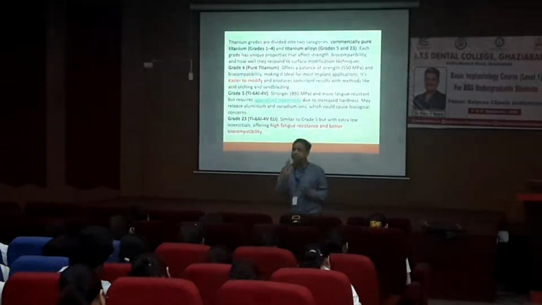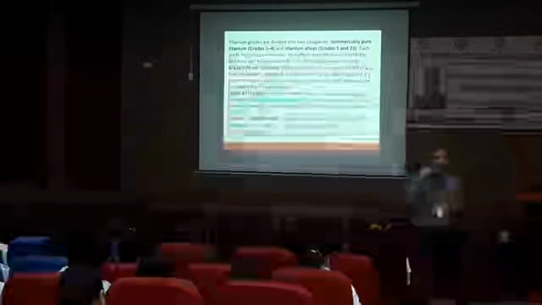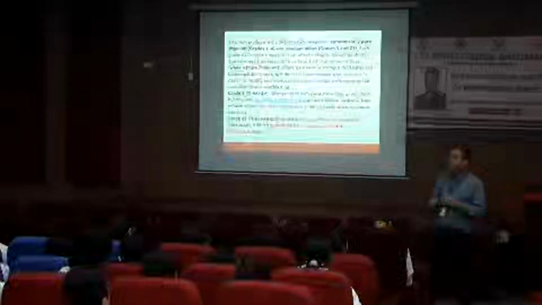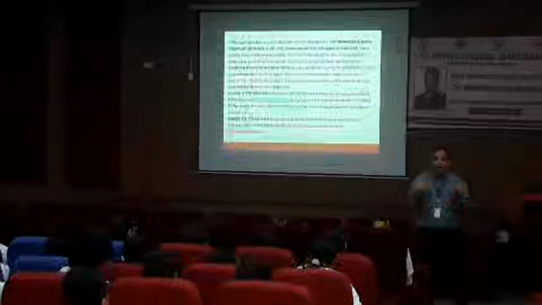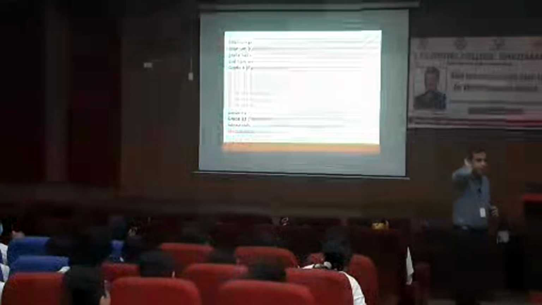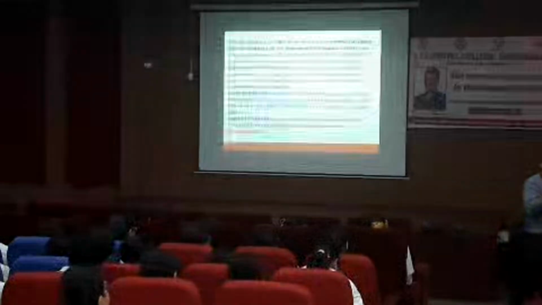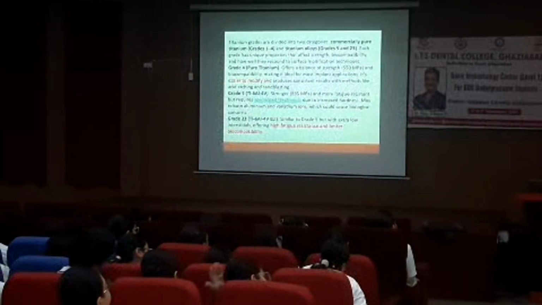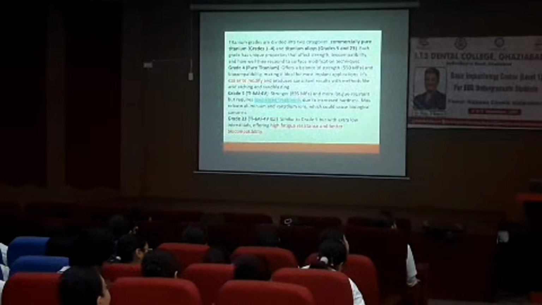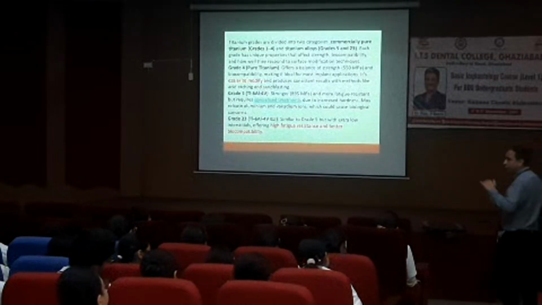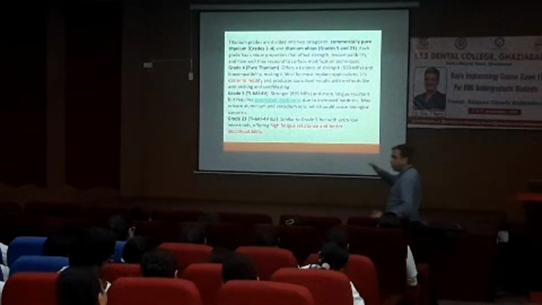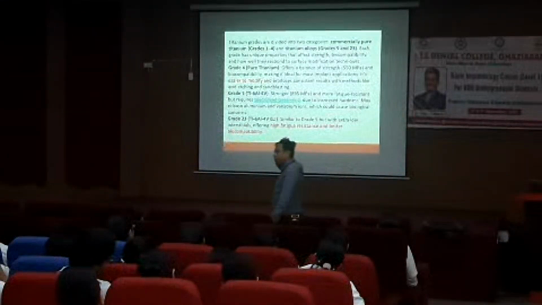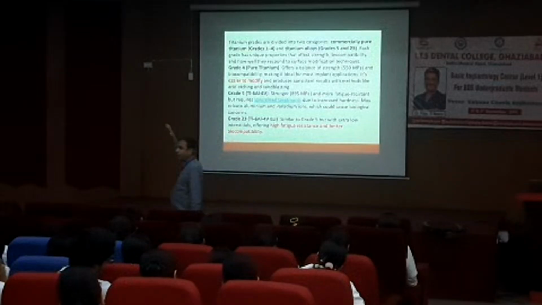If you placed the implant amazingly and there is mild contact, then there is no problem, but if the patient is a bruxer, that situation will lead to higher stresses and higher cyclic fatigue. So will you be able to take this risk of placing an implant which has a higher cyclic fatigue? No. That is why choosing the right implant system is important. So if your patient has a higher force, then you probably will have to go for a higher quality implant, a grade 23 or a grade 5 implant.